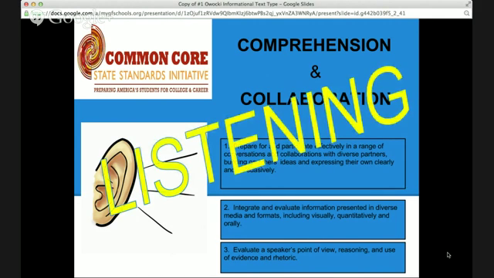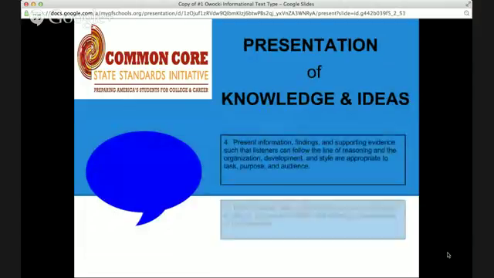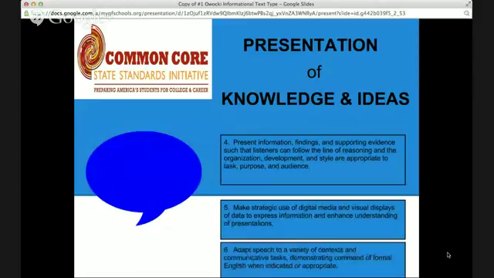And so I want you to see how the listening standard number 2 connects with standard number 5 for speaking. Obviously, standard number 4 is your umbrella presentation standard, but number 5 connects with listening number 2. It says, in your presentation, the author makes strategic use of digital media and visual displays of data to express information and enhance understanding of presentations. So we're going to see that as time goes on.